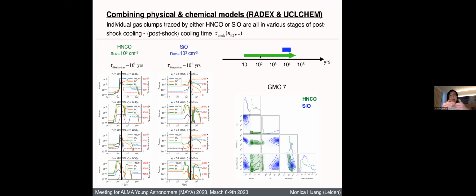This gives us two senses of time scale. If we take one step further by assuming that these two species are pointing back to the same shock episode, just influencing different parts of the gas, and we take the intersection of these two time scales, we get this dark pink one. We call it the joint shock timescale.